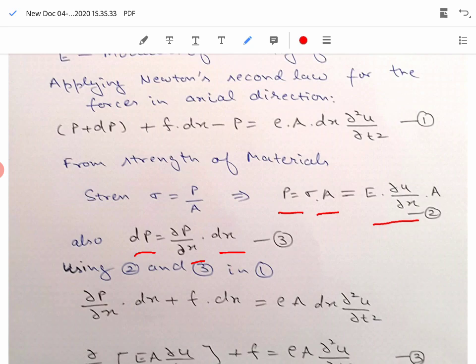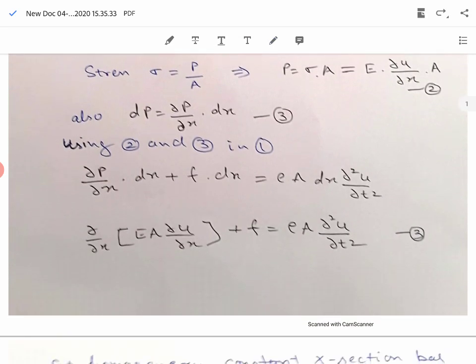We are going to substitute equation 3 into equation 1. So this will provide us with this equation, and when we substitute equation 2 into this equation, we will obtain equation 3.